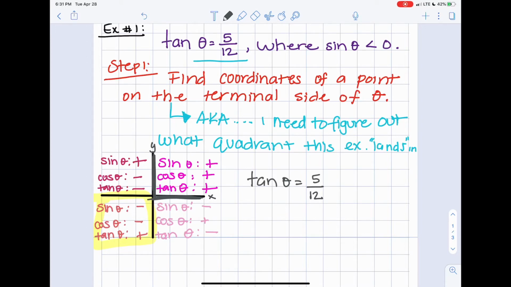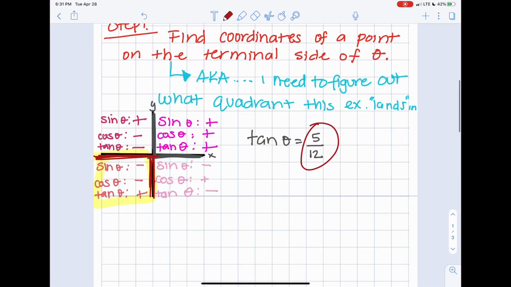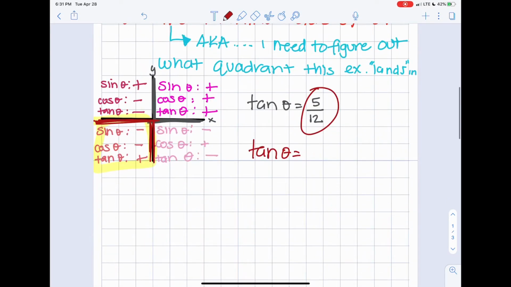Numbers that exist maybe here and here, these are negative. So even though these two numbers were positive, let's think about this. Remember that they said up there that tangent of theta is equal to y over x.